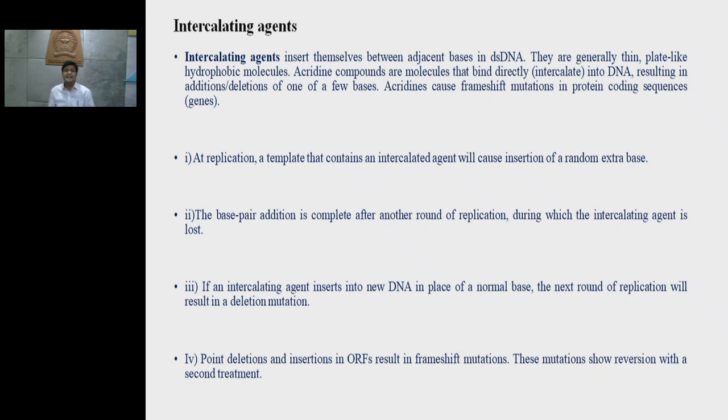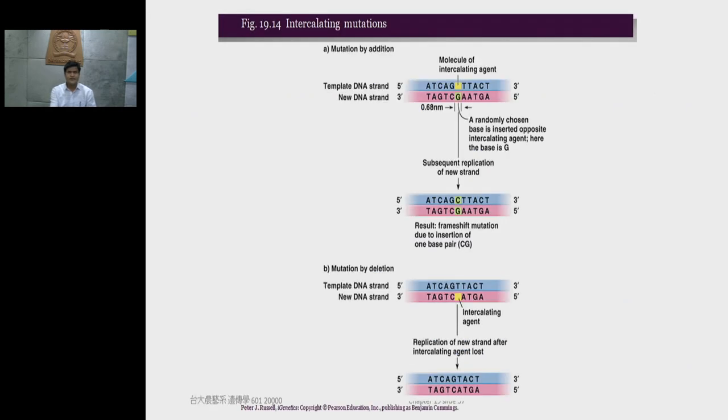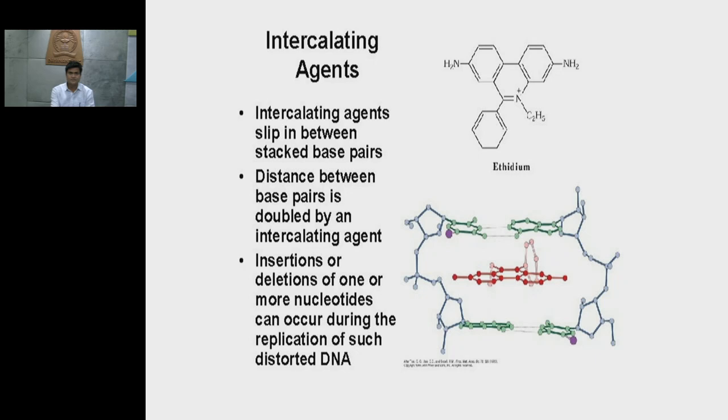These acridines are also responsible for causing frameshift mutation in the coding sequence of a gene. You can see here the mutation just because of intercalating agents. The result is a frameshift mutation due to insertion of one base pair.